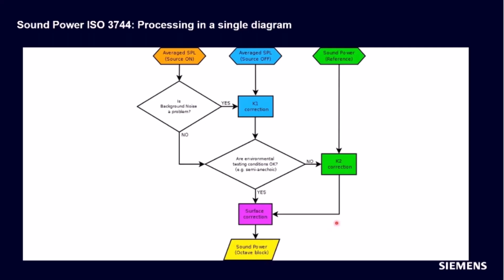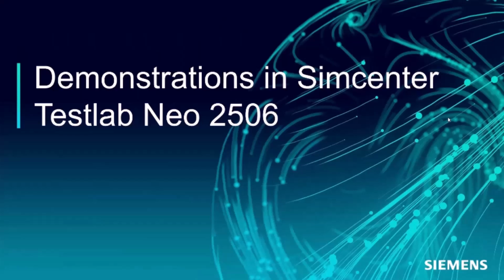Okay, with that background information, basically measuring the average sound pressure level, and then applying the K1 and K2 correction factors, let's see how to do that in TestLab Neo. As you may have heard, TestLab Neo is where most of our development work is going forward. What you may have been using in the past is called TestLab Classic, but more and more features are being added, and TestLab Neo is getting more capabilities, and it is a new interface.